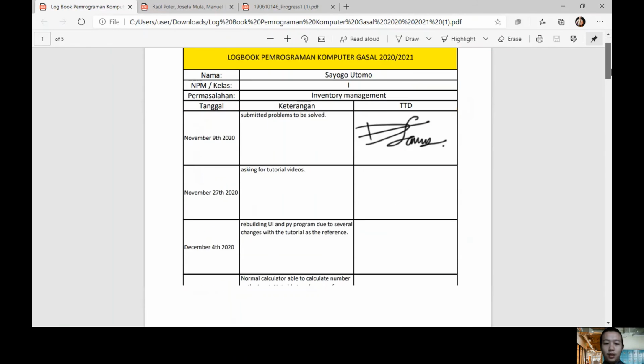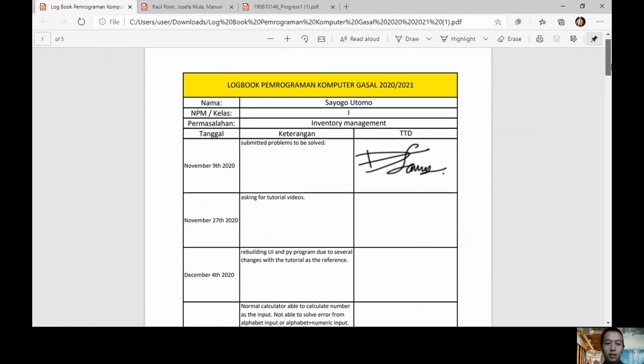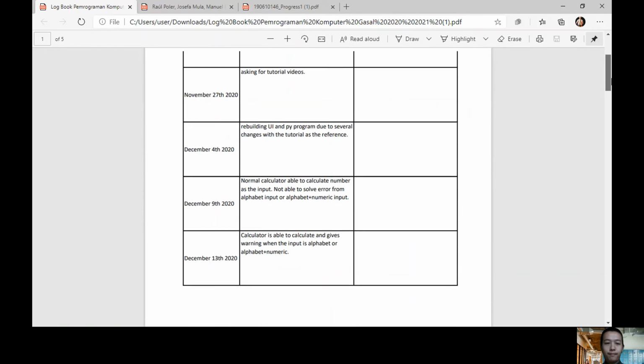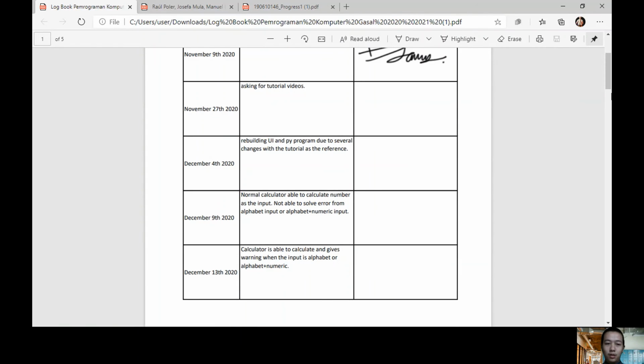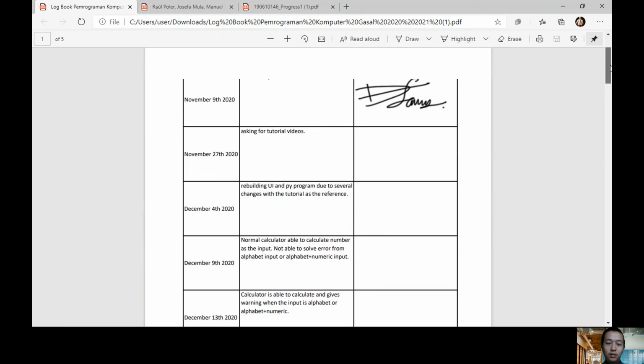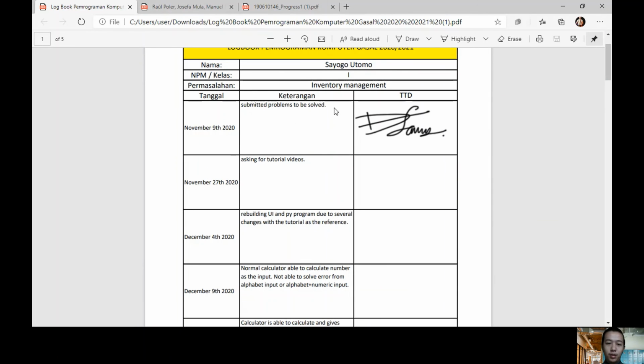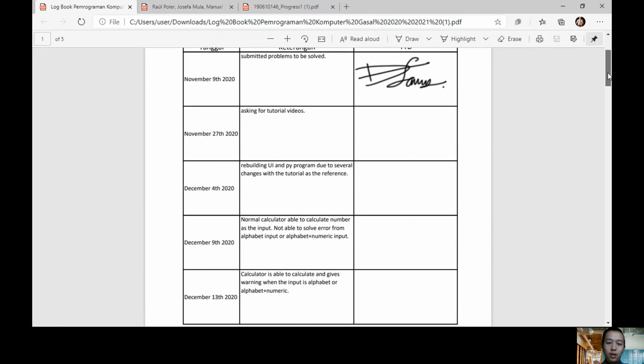But this is the work in progress of my program. On November 9th, the problem was submitted, and on November 27th, we were asked for more tutorial videos, and on December 4th, I was rebuilding the program because of several changes from the tutorial videos used as the reference.